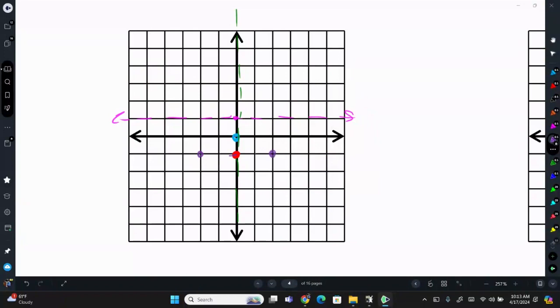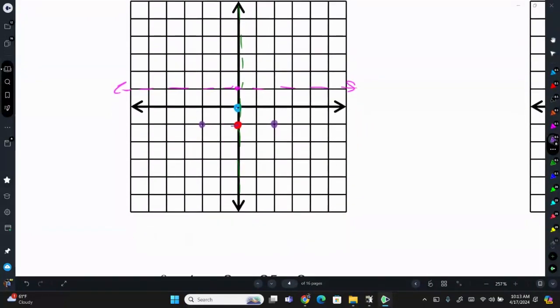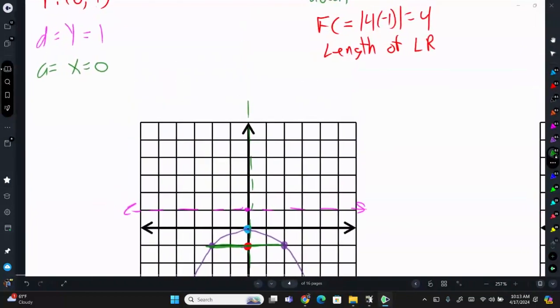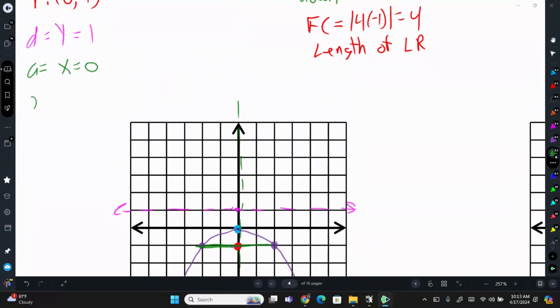Those would be the other 2 points on the parabola. So the graph would look like this. Because that latus rectum or focal chord is 4 units long, because there's 2 units on each side of the focus. So those 2 other points are -2, -1, and 2, -1.